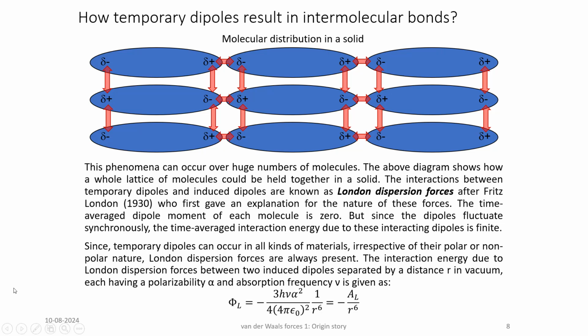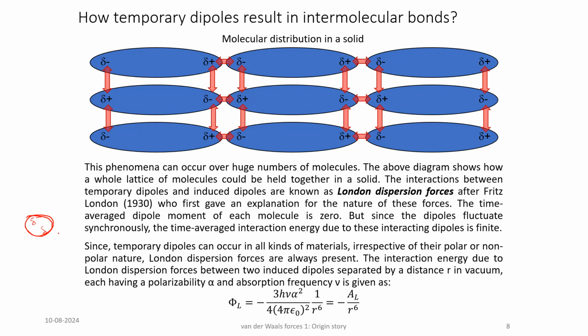It is written that the interaction between temporary dipoles and induced dipoles is known as London dispersion force. Temporary dipole means suppose there is a particle with some positive charge on one side, and electrons are always traveling inside the particle.